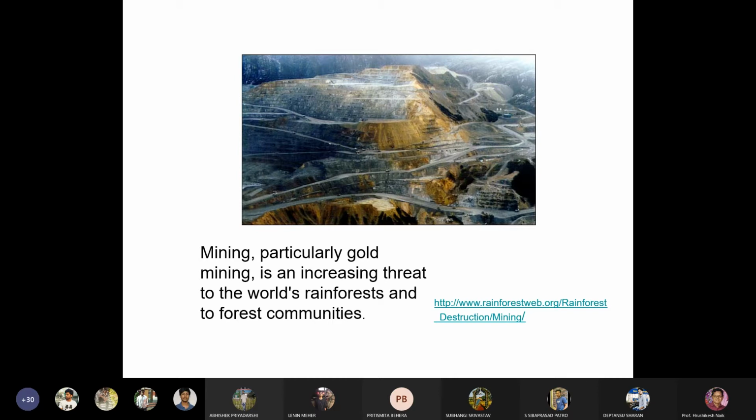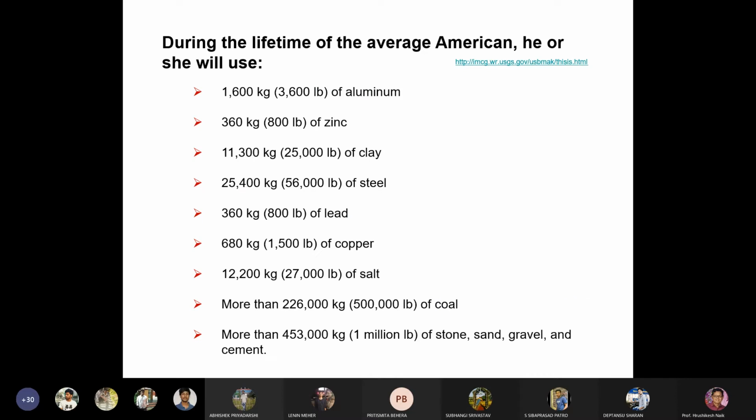If you see the different materials used in different activities: aluminum, zinc, clay, steel, lead, copper, salt, coal, stone, sand, gravel, and cement.